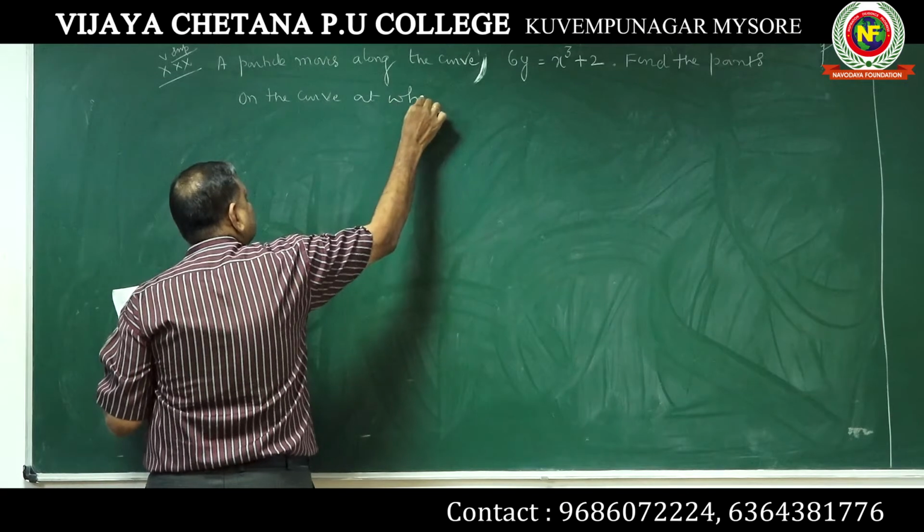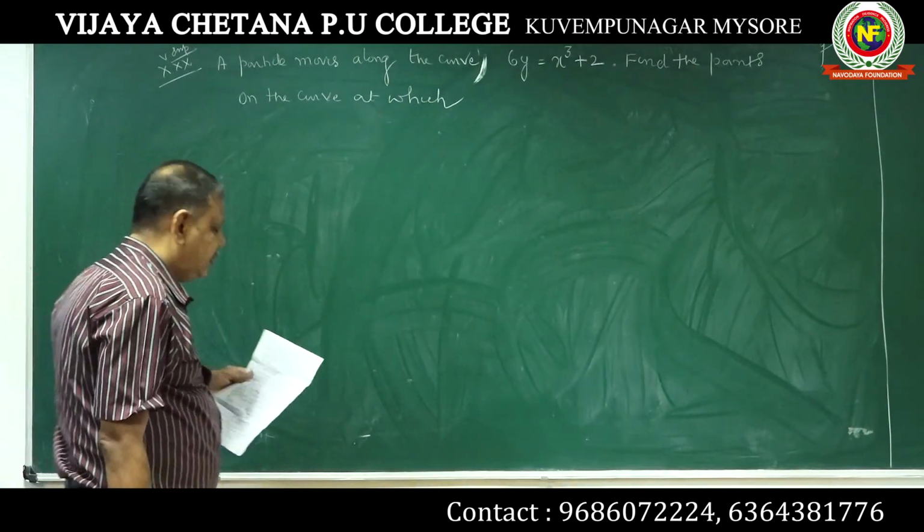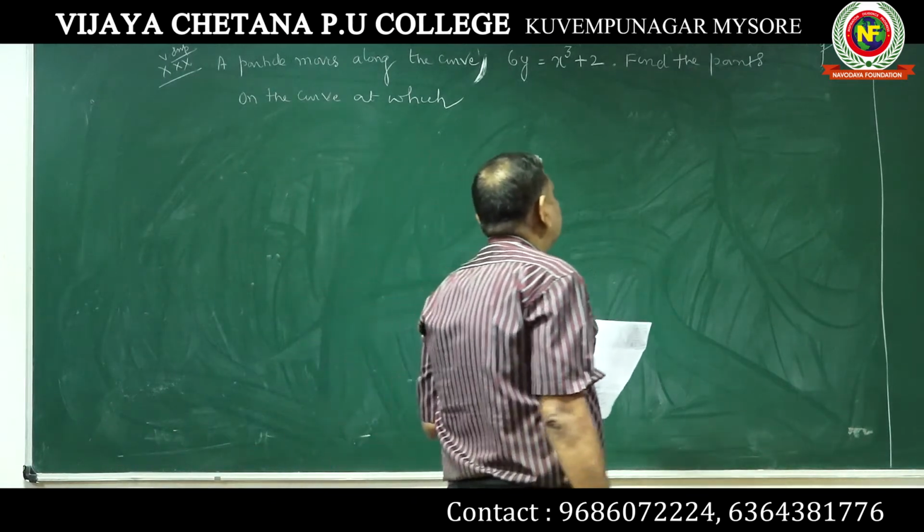At which a particle moves along the curve 6y is equal to x cube plus 2.